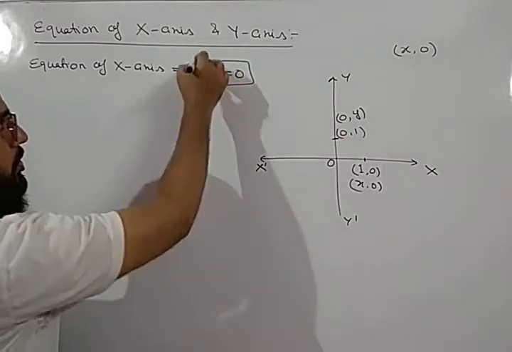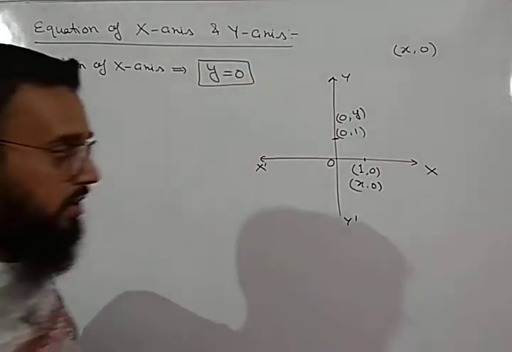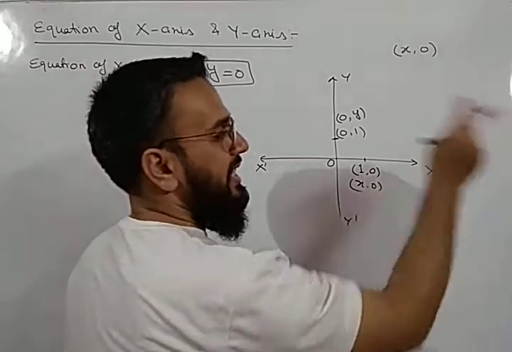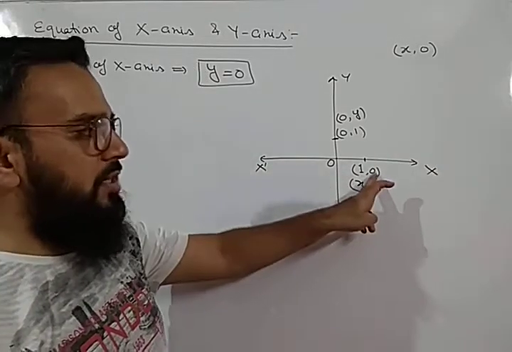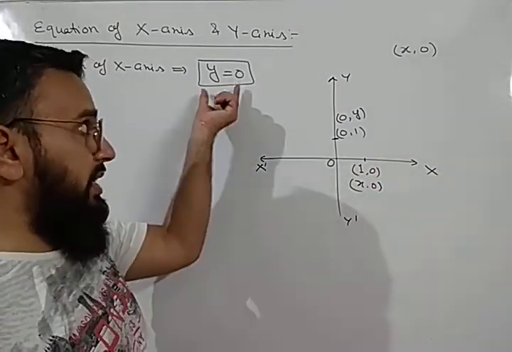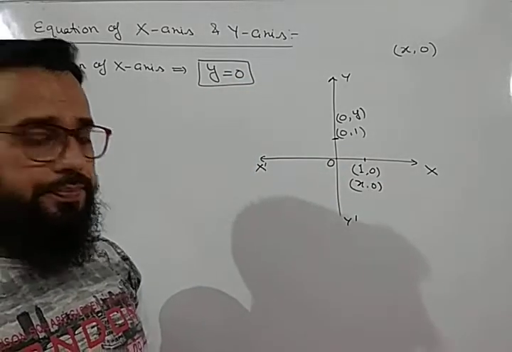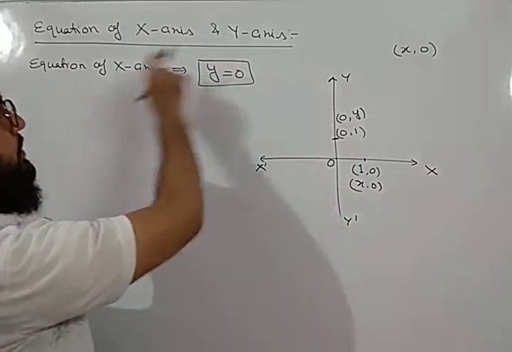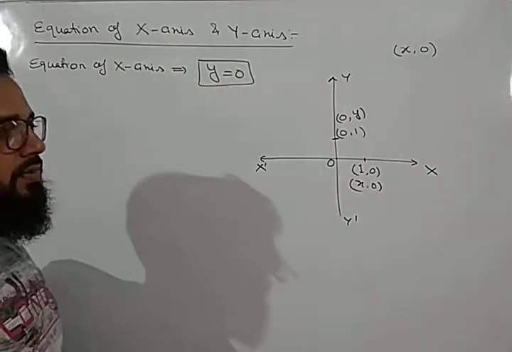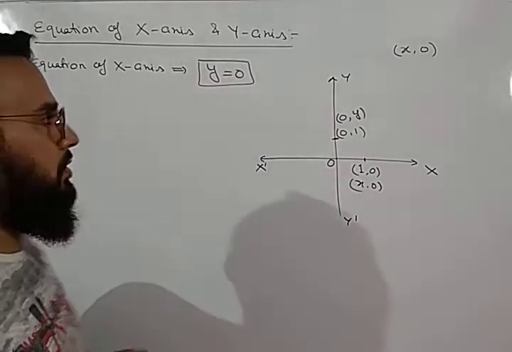This is the equation of x-axis, because the x coordinate is continuously changing but the y coordinate is always 0. So the equation is written in this form, y equal to 0. This is the general form of the equation of x-axis.